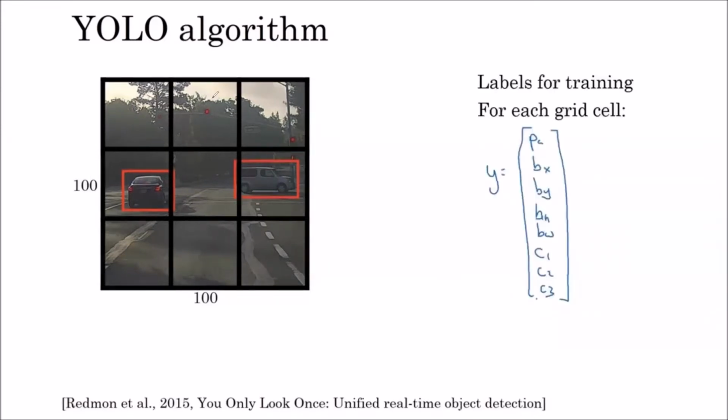Now, we are taking the image in the grid. For example, this is the first cell, this is the second, this is the third, and so on, this is the fourth, this is the fifth.